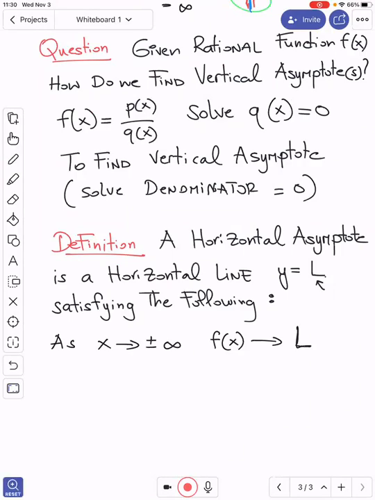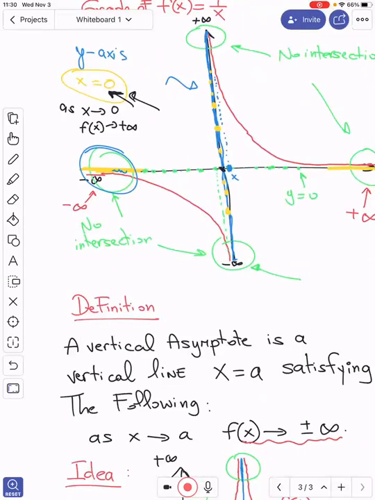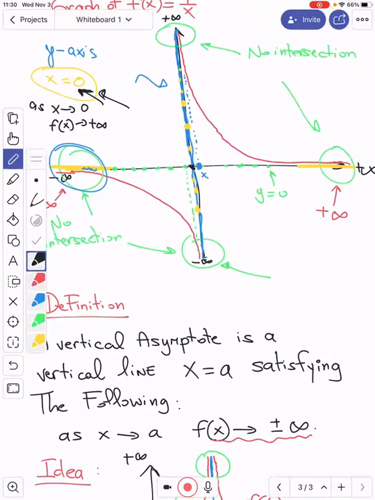Okay, so like here for this 1/x, as x approaches positive infinity, x gets very large, the values of f are going to be close to 0, or L. So the values of f are going to be close to some number, like in this case that will be 0.